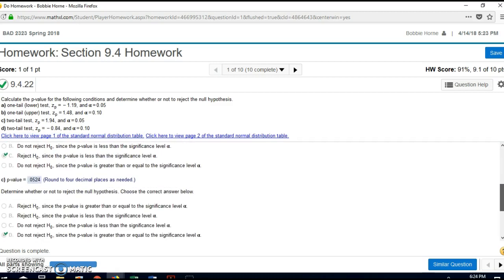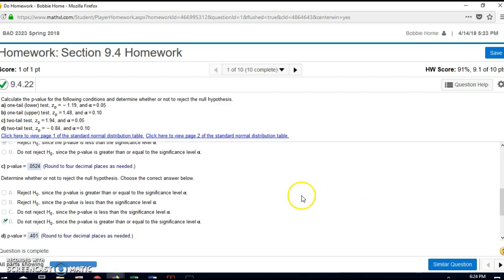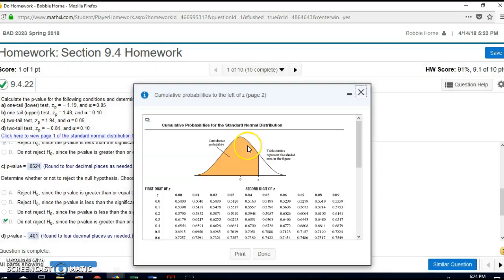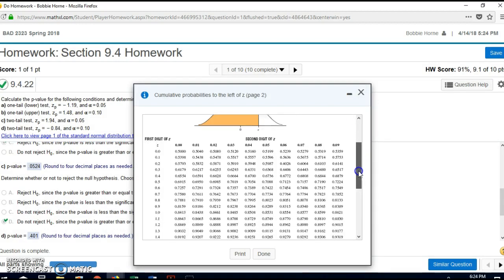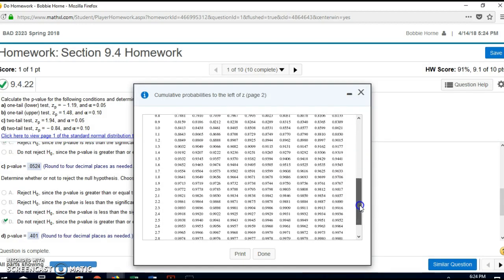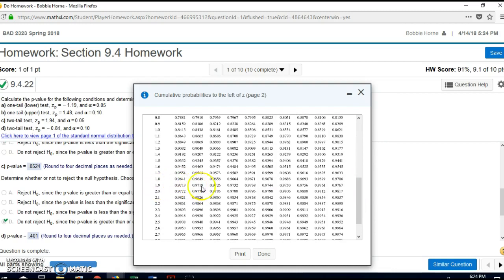And then let's look at C. Find the z value of 1.94, and this is a two-tail test. So what you will do is you would find 1.94, 0, 1, 2, 3, 4, and that would be up to positive 1.94.